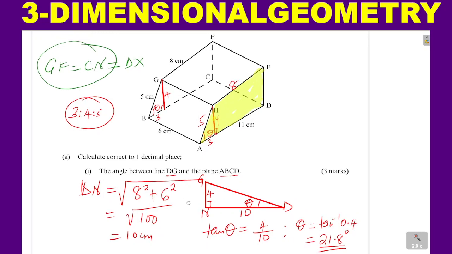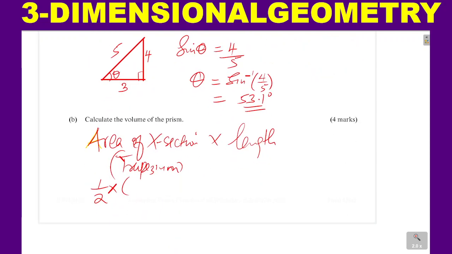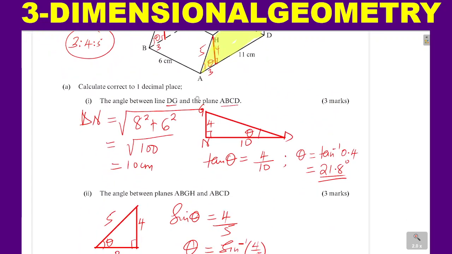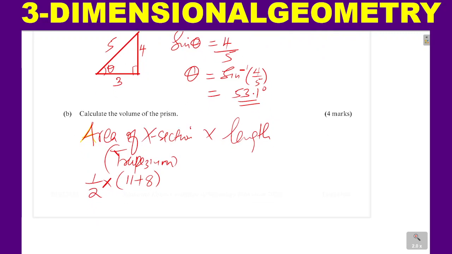So half times the sum of the two parallel sides, that is 11 plus 8, then the height is 4. Dividing 4 by 2, you get 2, and this will give 38 centimeters squared.